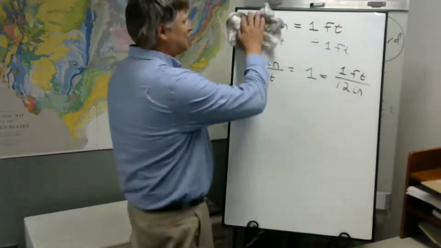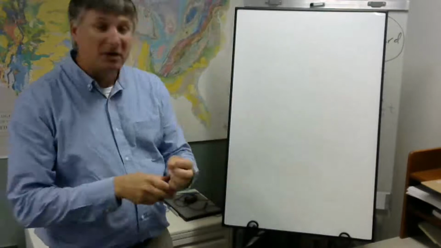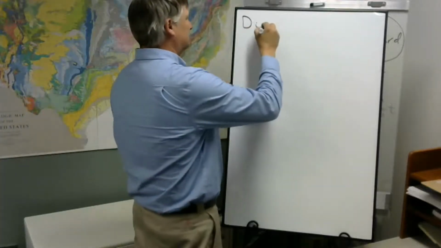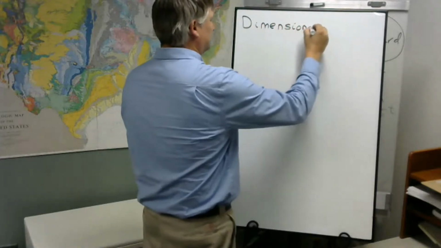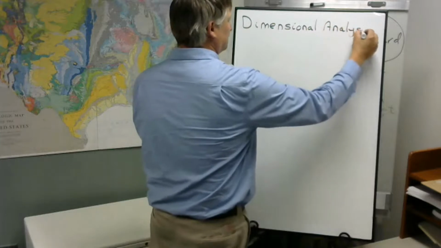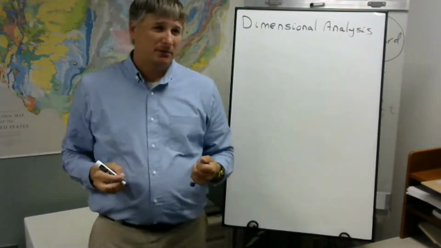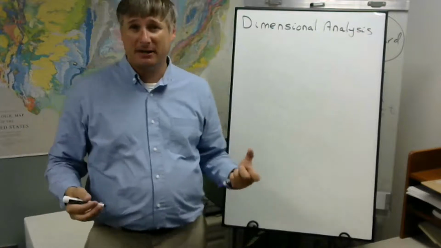So let's take a look. First, we need to talk about this thing called dimensional analysis. For us, what this is going to mean is that units will cancel each other. You can multiply and divide units.